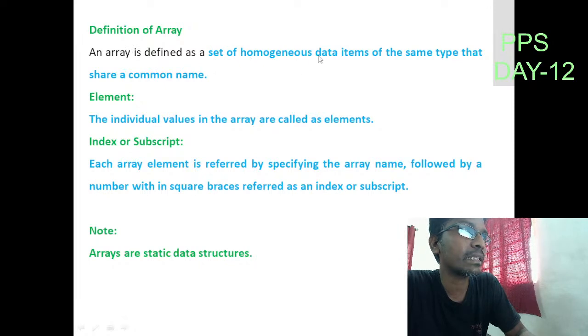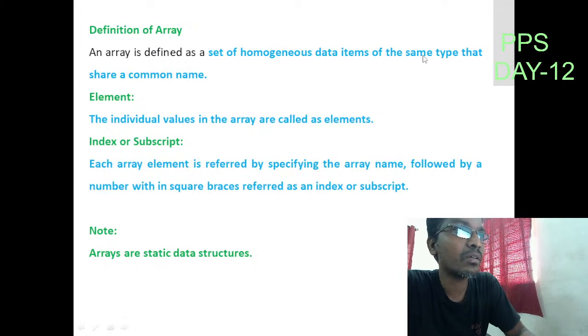It is a set of homogeneous data items of the same type that share a common name. Homogeneous means similar data types, and all these elements share only one common name.